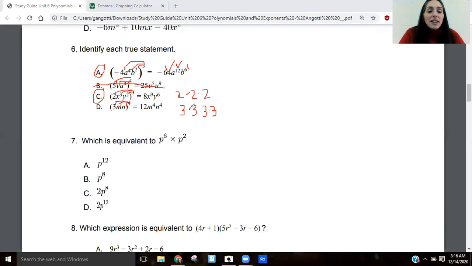I'm just going to do it right here because it's not too bad. 3 times 3 is 9. 9 times 3 is 27. 27 times 3 is actually 81, not 12. So D is not the correct answer. So your correct answers are actually A and C.